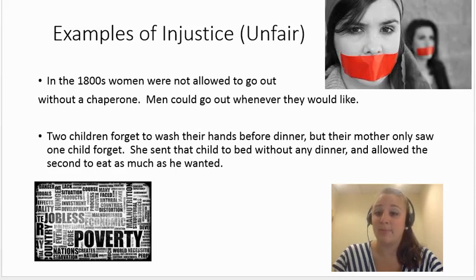At the same time, she would allow the little girl to sit and eat her dinner and then go to bed. But both the little girl and the little boy committed the same crime, okay? They both did something wrong, but only one of them is being punished for it. So that's another example of injustice.